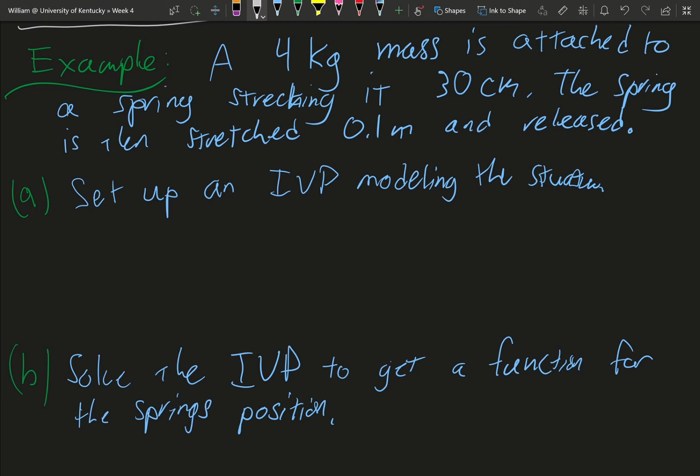All right, so first we're going to have to solve for k. So again, we'll use that force due to gravity is equal to negative the spring force.